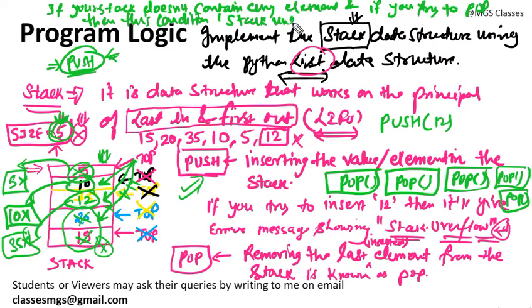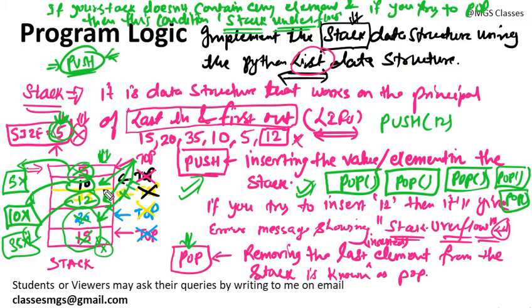What is stack underflow? If you keep removing elements and reach the point where the stack has no element, and you try to remove an element again, this condition is known as stack underflow, and you should show the user an error message that the stack is underflow.